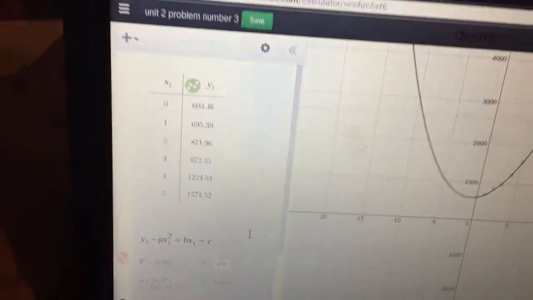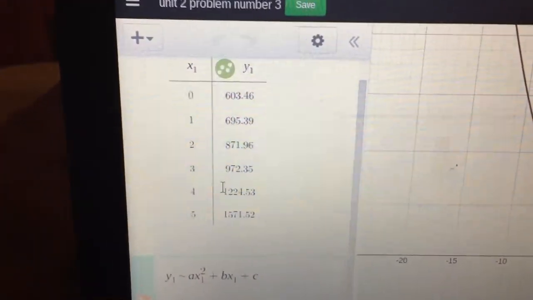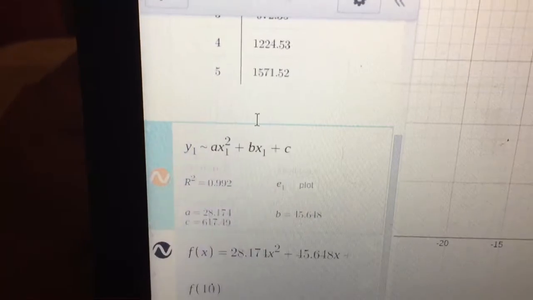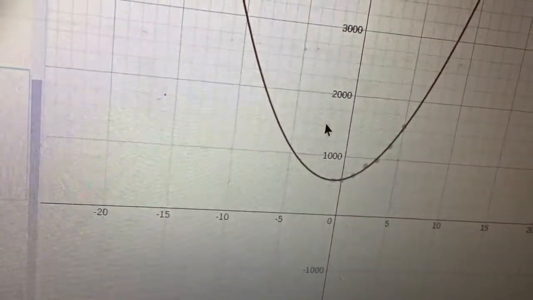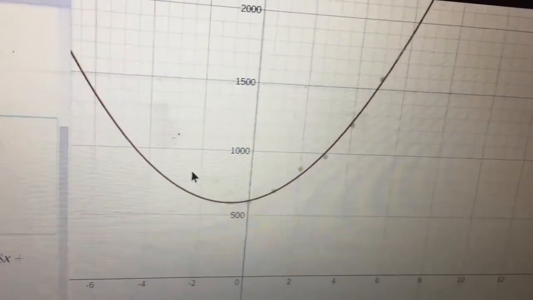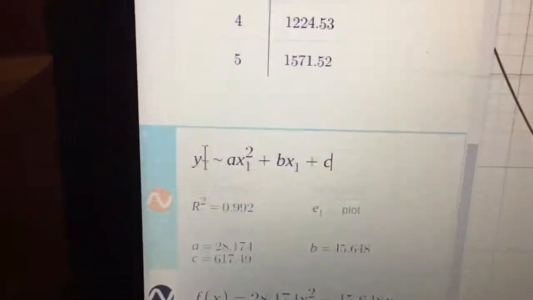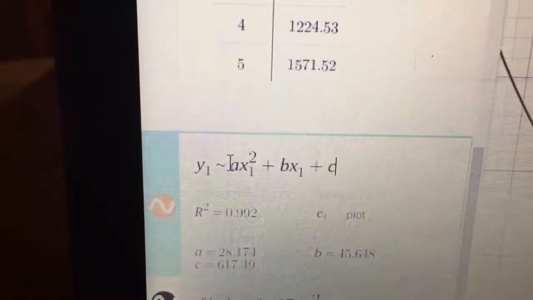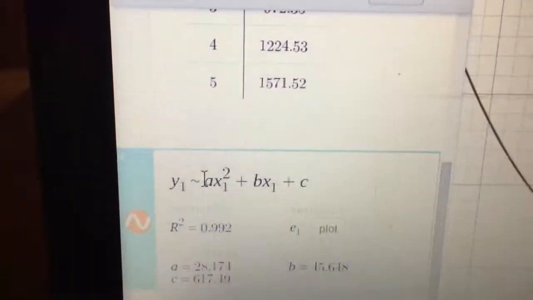So what you would do is make a chart, which, as you can see, we already did. Then you plot all those points once you made your little chart. Then to make this, we put in y1 equals ax1 squared plus bx1 plus c.